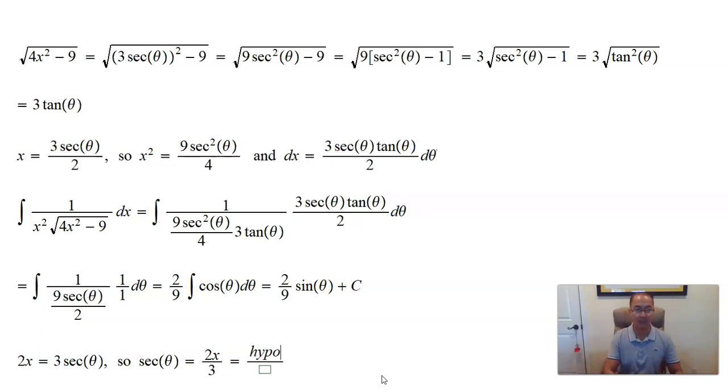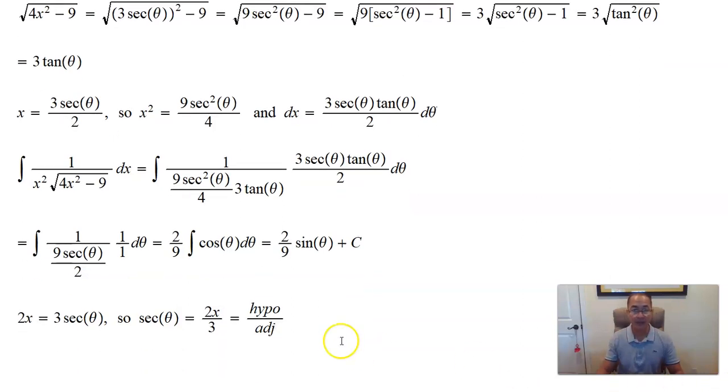So we want hypotenuse over adjacent. Okay? So we're going to draw a triangle, and in the triangle, the hypotenuse will be 2x, and the adjacent will be 3. All right, so I'm going to call up Paint, and we're going to draw a triangle.